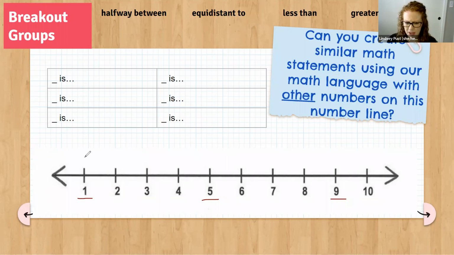So that would be to the left of 1. And it would have to be the same distance. So I'm estimating here that there would be 0. Good. All right.